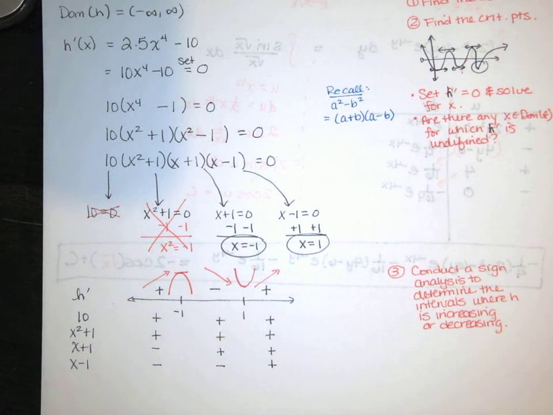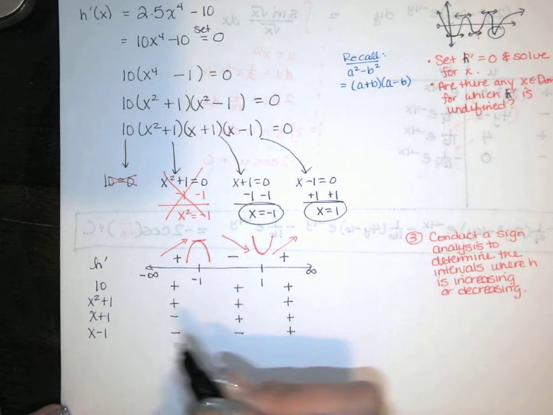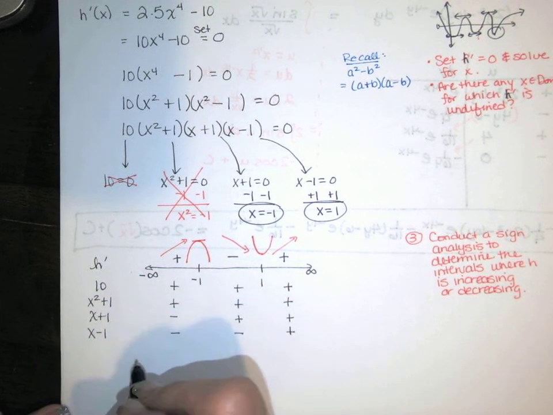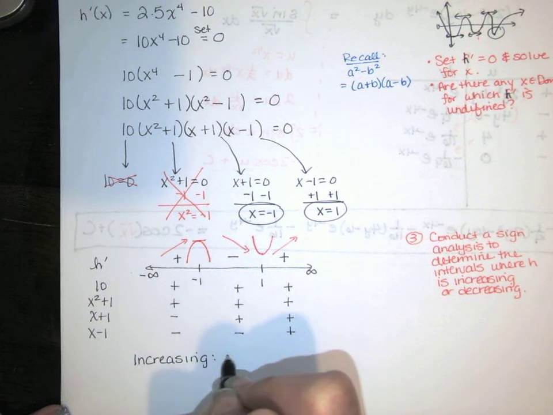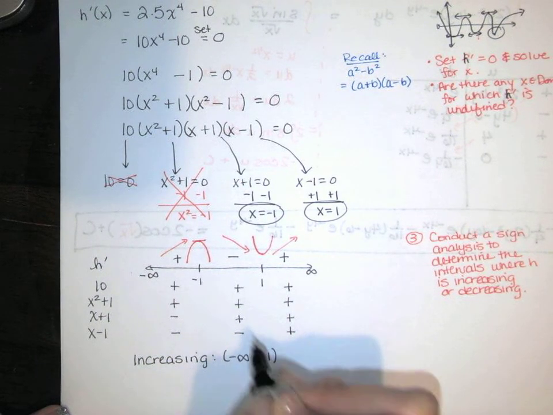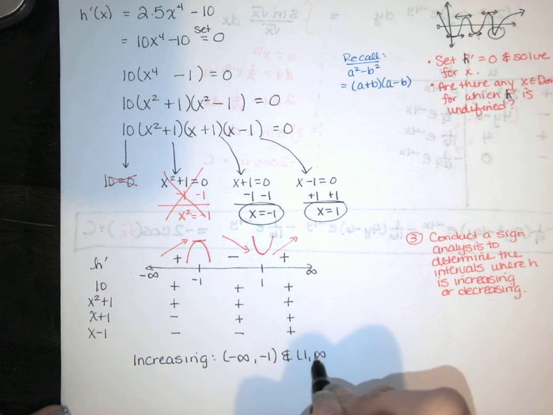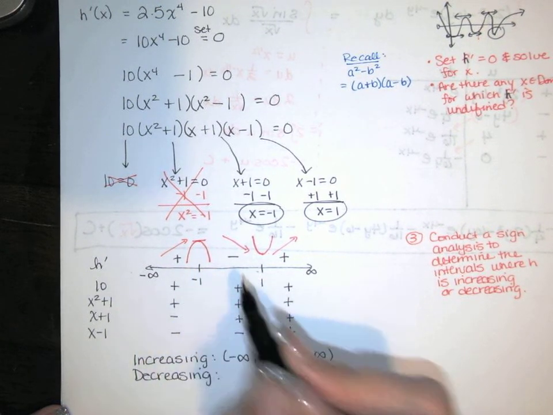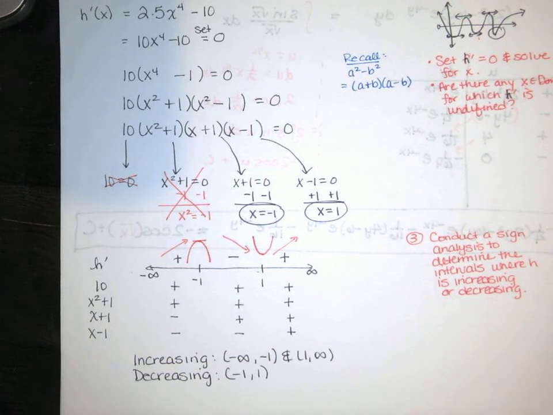And that was our sign analysis, and we've got 2 intervals where it's increasing. You always read the intervals from left to right. It's from negative infinity to, excuse me, negative 1, and then 1 to infinity. And then the function is decreasing on this middle interval from negative 1 to 1. Okay, so we answered that question.